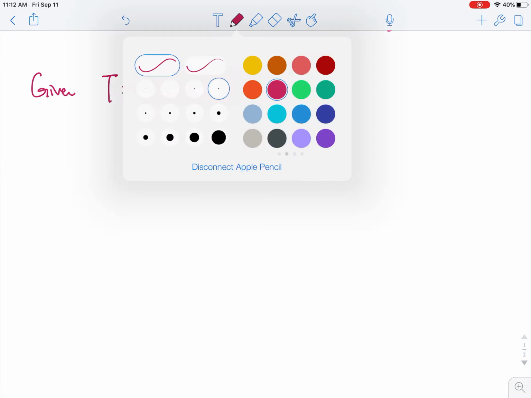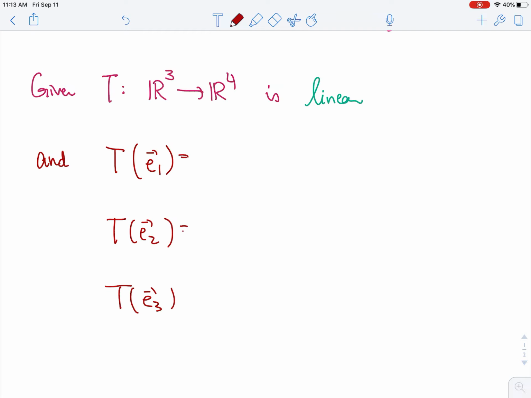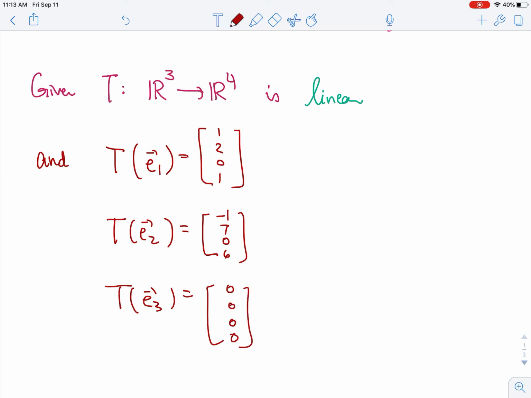So let's say that we were given that T from R3 to R4 is linear, and T of E1, T of E2, T of E3 are equal to, and suppose I just told you what they were. This is some problem in the book. I just tell you that these are the vectors, maybe it looks like that. Maybe you're given that data.